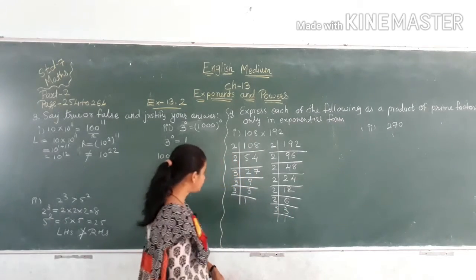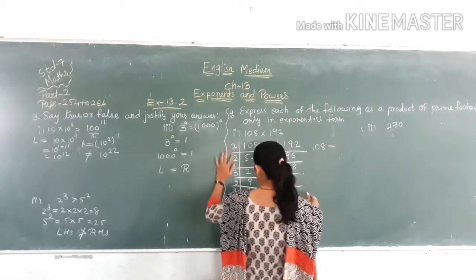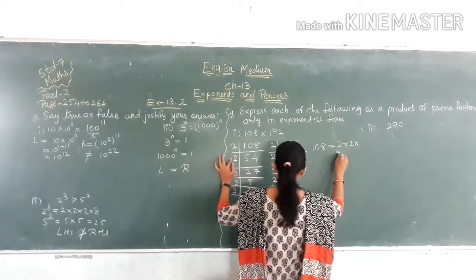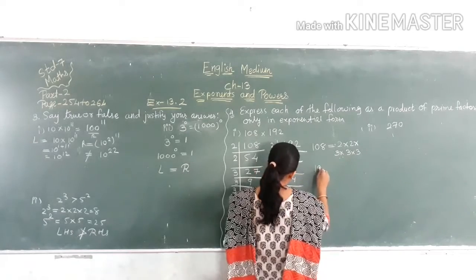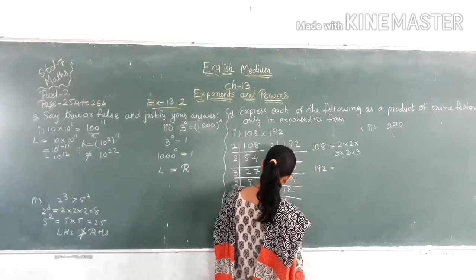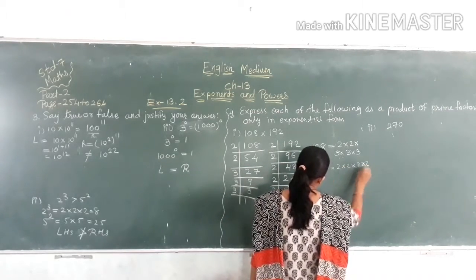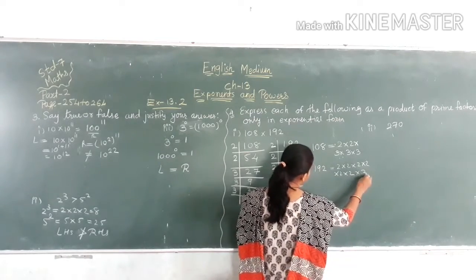Now here, 108 is equal to 2 multiply 2 multiply 3 multiply 3 multiply 3, and 192 has 2 six times and 3 only one time.